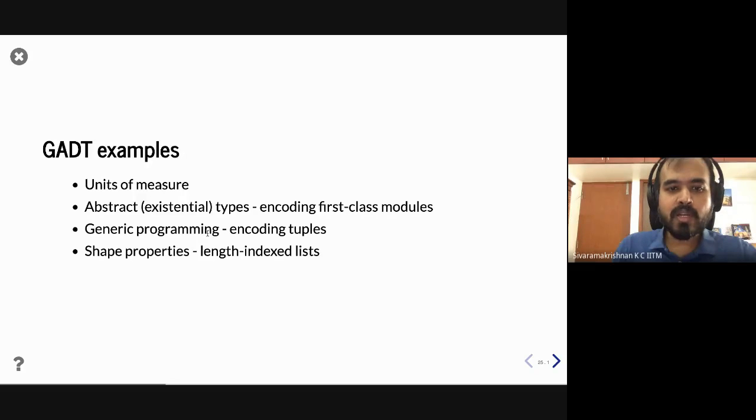I will show you how to construct functions that operate on tuples of any length, right? We will see simple examples about generic programming, and we will do interesting shape properties on lists. We will prove properties such as, when you take a list and reverse it, the length of the list does not change. These are properties which we haven't expressed through types. The only thing that we've said is that when you take a list and reverse it, you get a list of the same type.